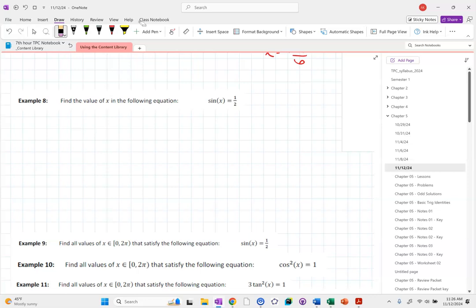It could be any angle. How many answers am I going to have for this equation? More than 2, more than 4, more than 12? Infinitely many. Why is it going to be infinitely many?